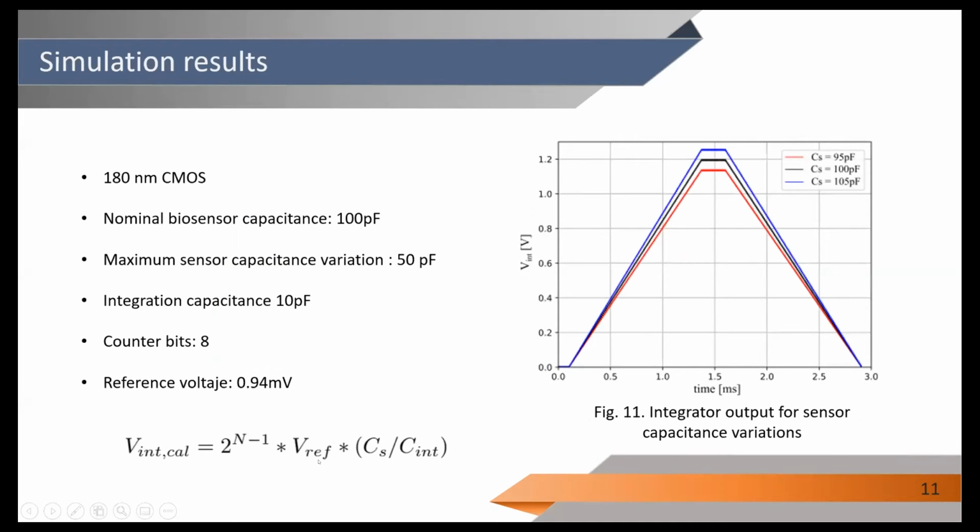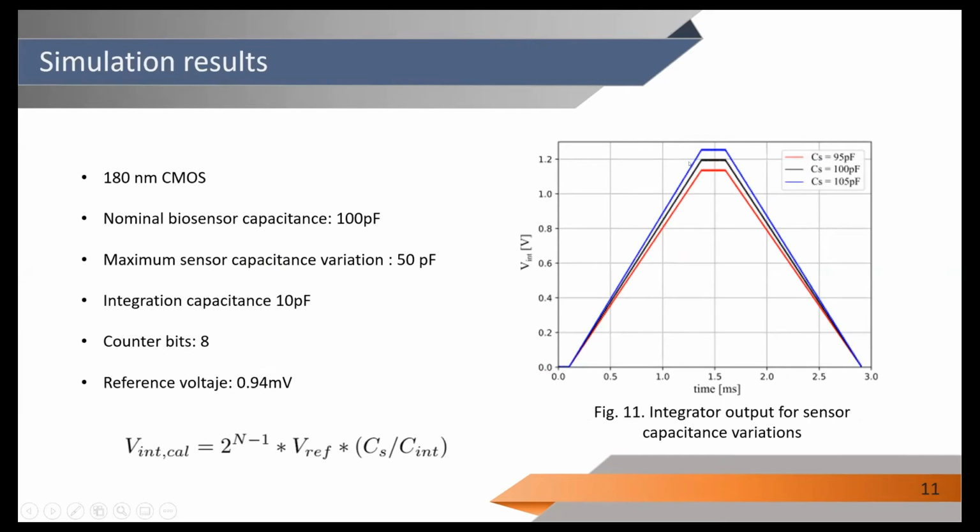In figure 11, the voltage variation at the integrator output is shown for a variation of 10% in the biosensor capacitance. As can be seen, the variation of the sensor capacitance affects only the maximum value of the integrator voltage in the calibration phase.